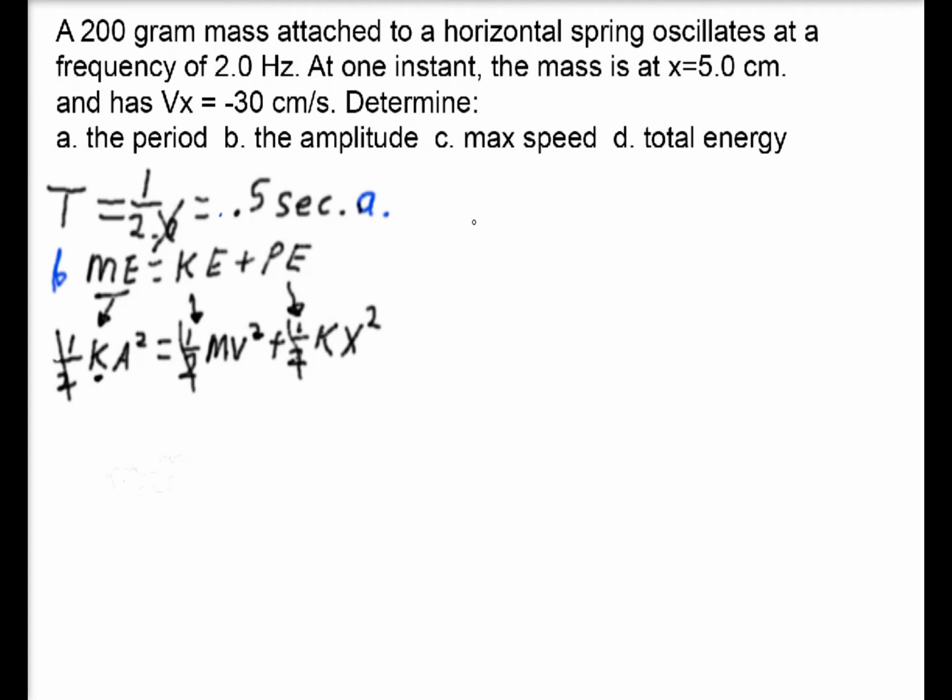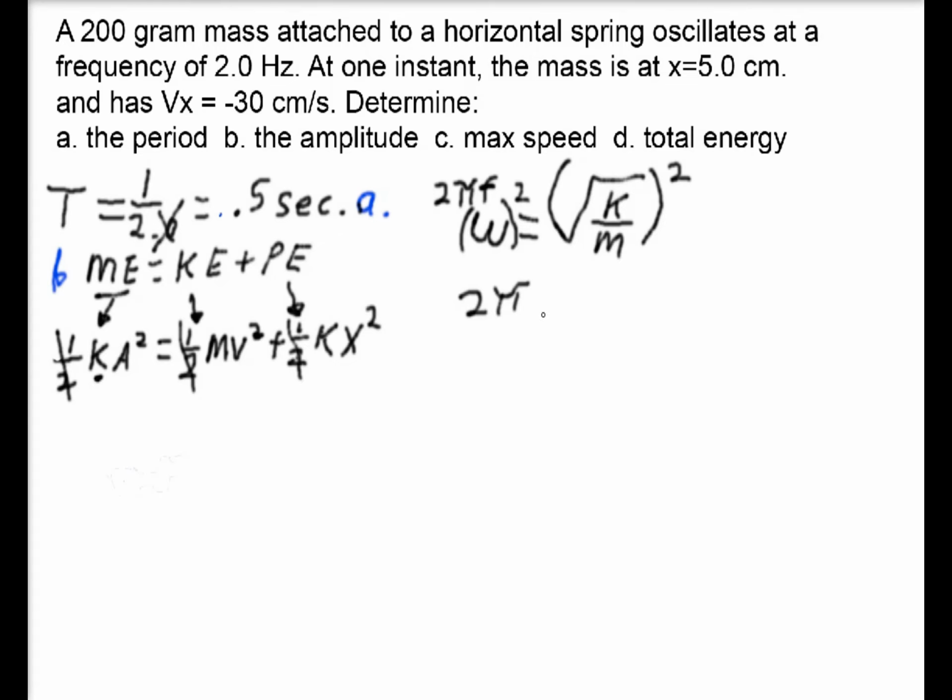The first formula we can use is this one: omega equals the square root of k over m, and remember omega, in radians per second, is 2 pi times the frequency. Since we have the mass, we can plug it in.